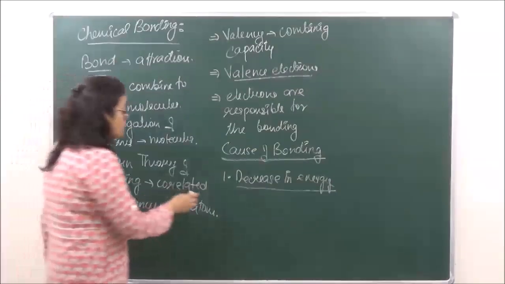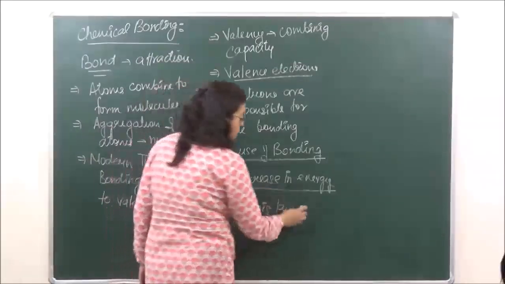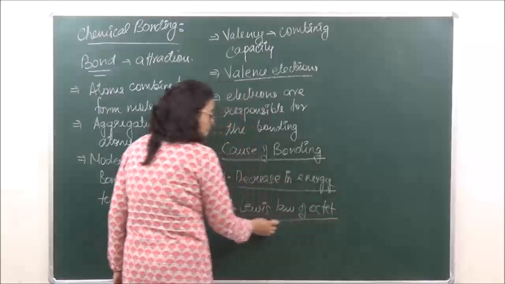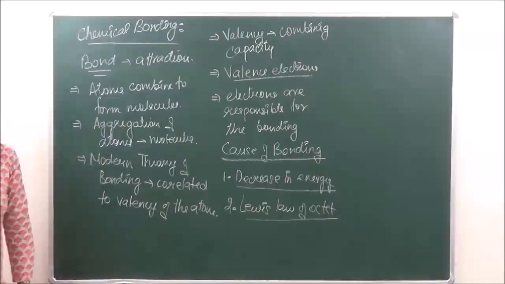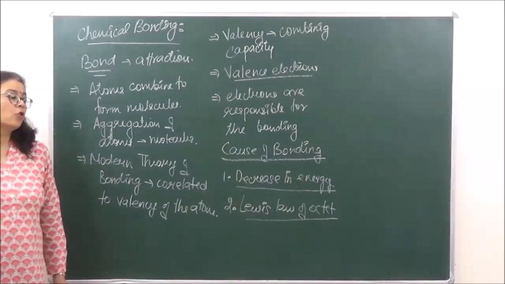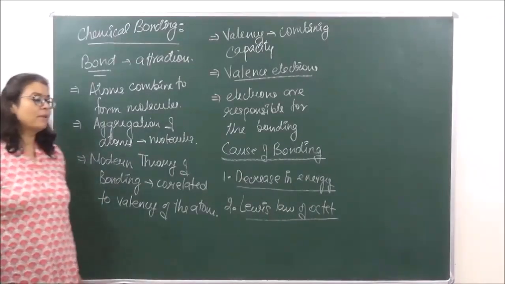The second cause is the Lewis octet rule. Okay, now we know that the noble gases are very stable. They all exist in atomic forms.